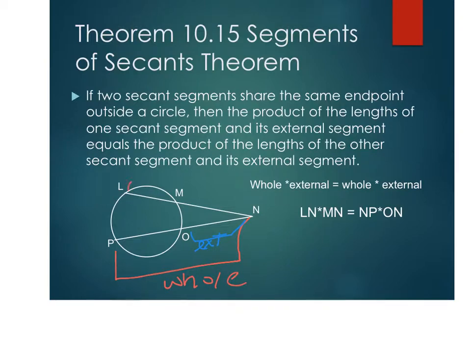And then over here, the whole is LN, and the external is MN. So we're multiplying the whole segment times the external on both sides, on both of the secants.